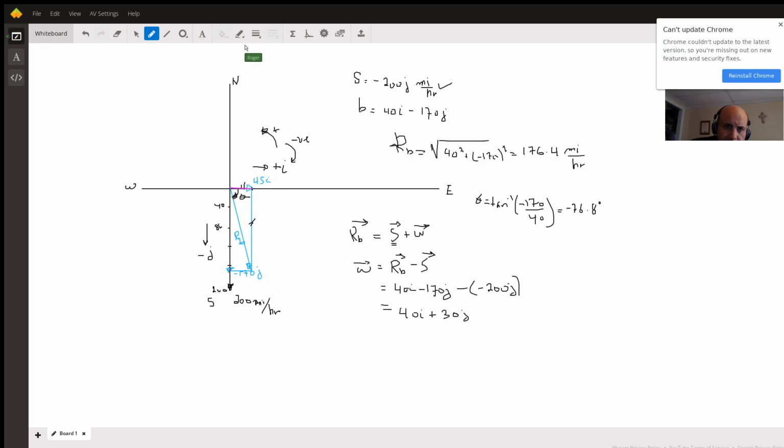Just notice that the i does not really change at all in all the vectors, the same. 40i plus 30j. So plus 30j is up, right? So we said this is 40. Well, this is plus 30 here, say. So plus 30j is up like this.